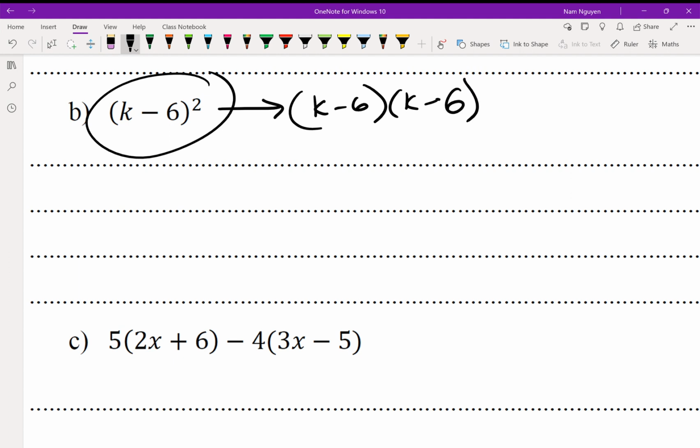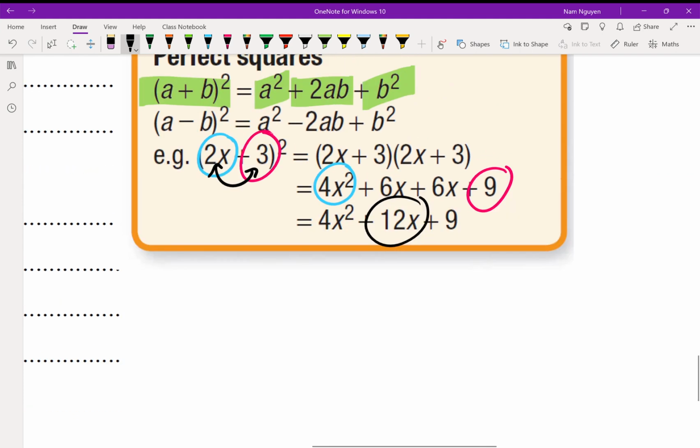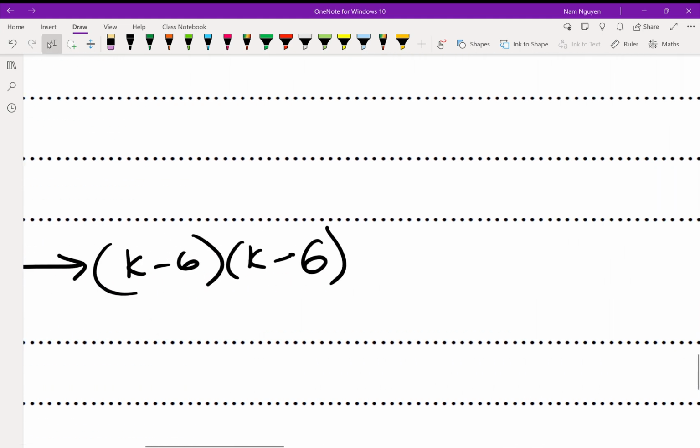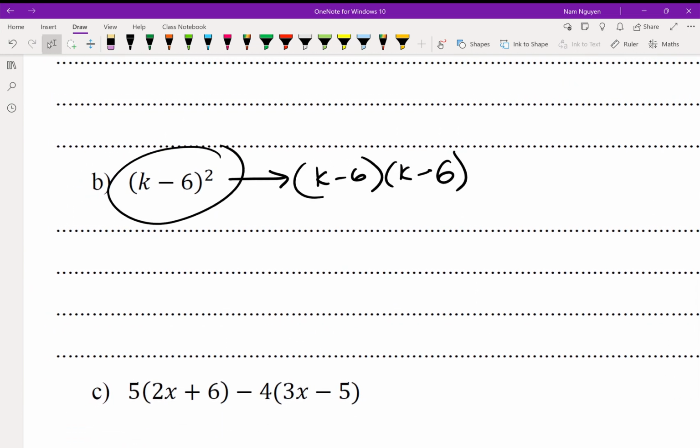The second thing you need to understand is because it's the same thing times the same thing, you can use this shortcut here, perfect squares, and say, well, instead of doing FOIL, you can do a shortcut, and the shortcut is take the k, the first term, and square that.